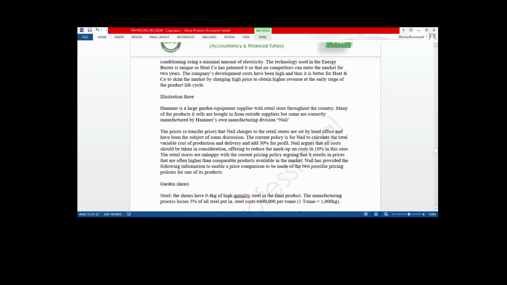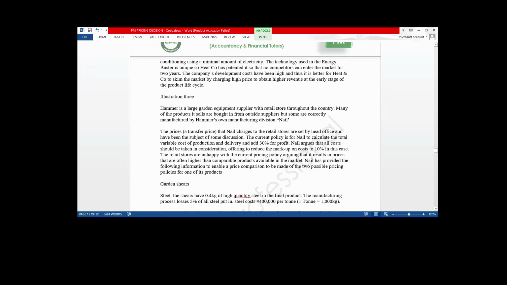NAIL argues that all costs should be taken into consideration, offering to reduce the markup on cost to 10% in this case. The retail stores are unhappy with the current pricing policy, arguing that it results in prices that are often higher than comparable products available in the market.